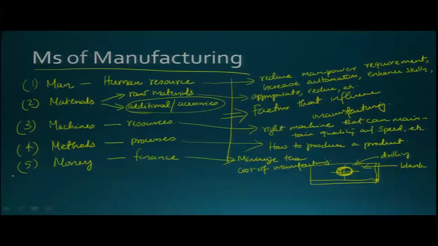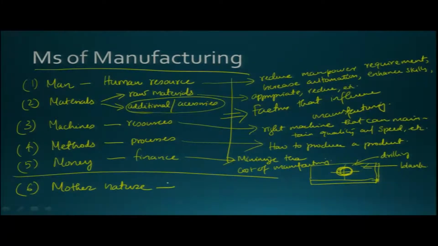So, these are the typical 5 M's that everybody considers. We now add one more M to this, which we call Mother Nature. Or in a simpler sense, let us talk about it as environmental.